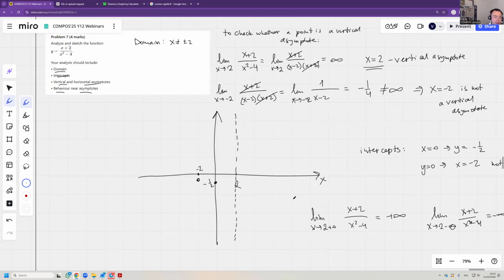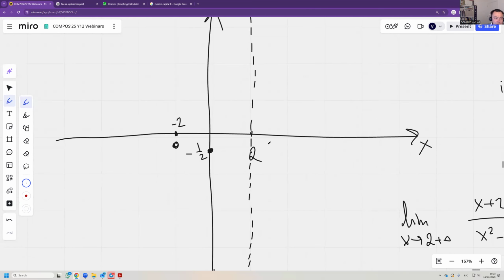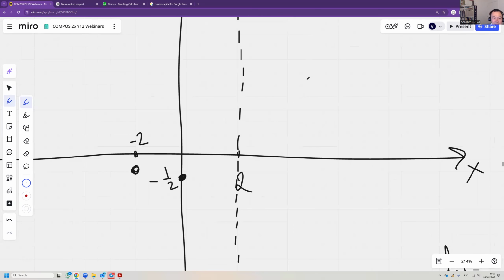What do we mean by approaching from the right or from the left? We're looking for the limit as x tends to 2, but is it approaching from the right or from the left? Because it could be a very different result. When we say approaching from the right, we write 2 plus 0. So x gets closer and closer to 2, but still remains more than 2.